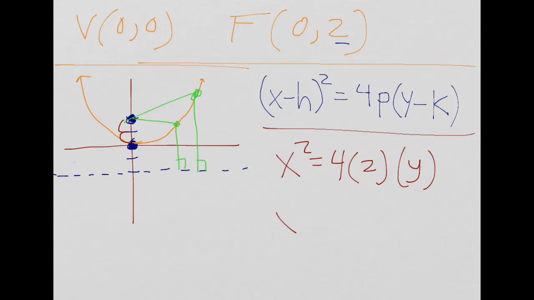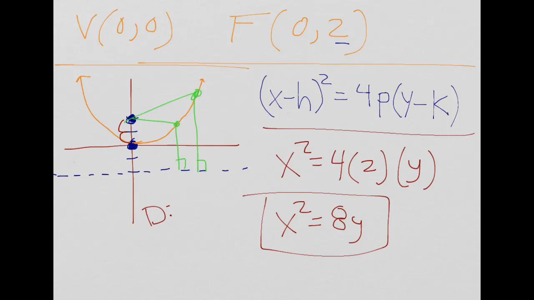So we can simplify this to x squared equals 8y. We know the focus is at (0, 2), and we know the directrix is at y equals -2, and we have completely answered this question. Yay!